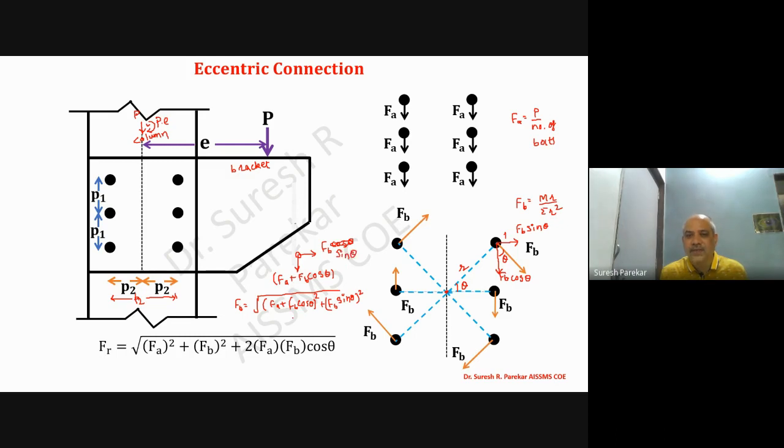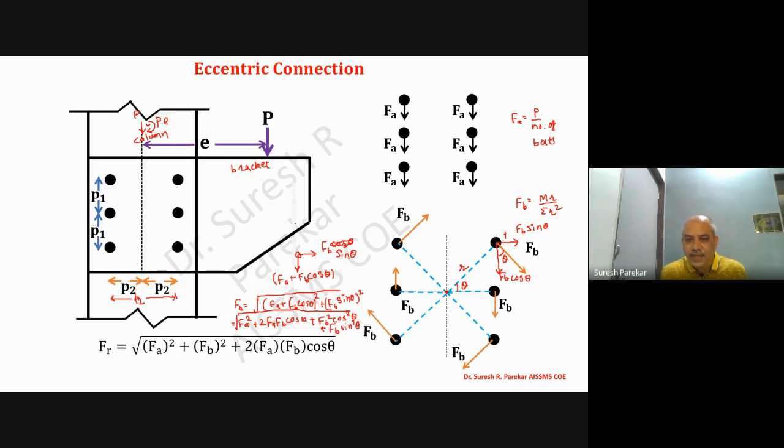So summation Fy square plus summation Fx square. And if you will solve this, then you will get it as root of Fa square plus 2 Fa Fb cos theta plus Fb square cos square theta plus Fb square sin square theta.